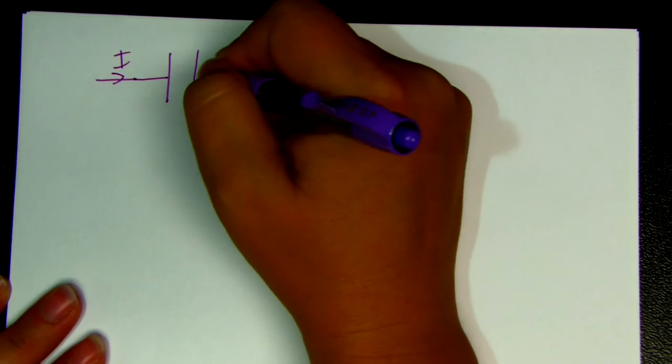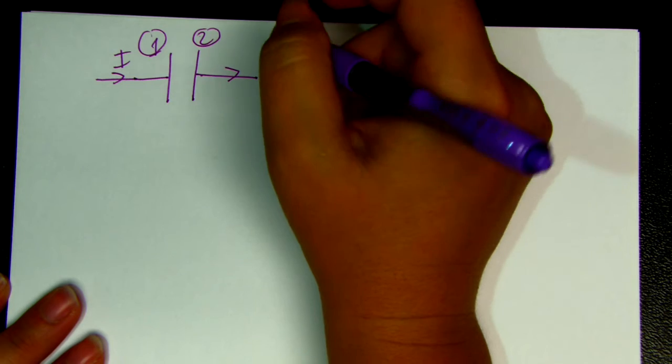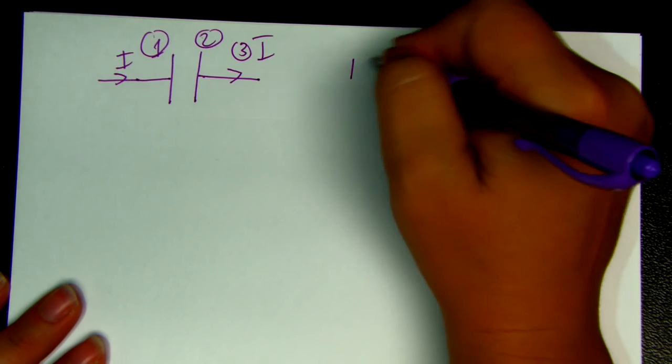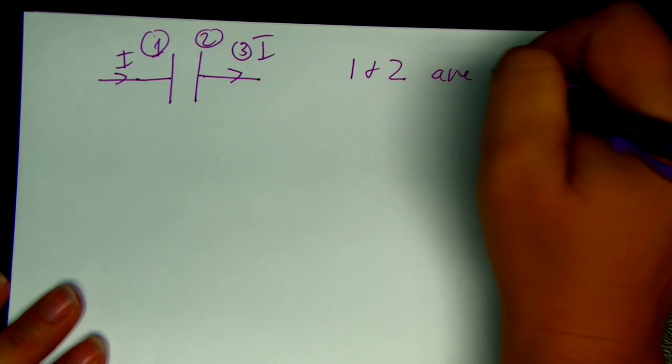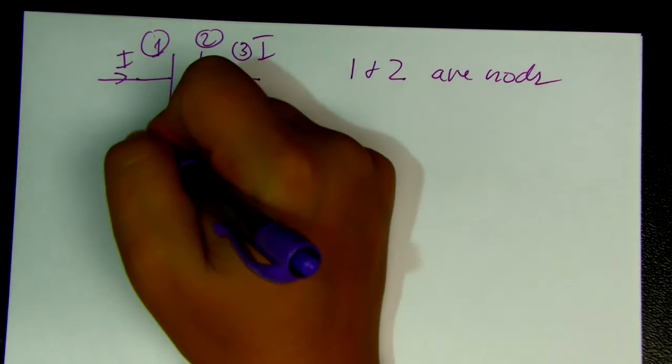All right, so let's look at something that would be a little more interesting. So if you've got current coming into the capacitor, and then you've got current leaving. So 1 and 2 are nodes. And let's look at what's happening there.